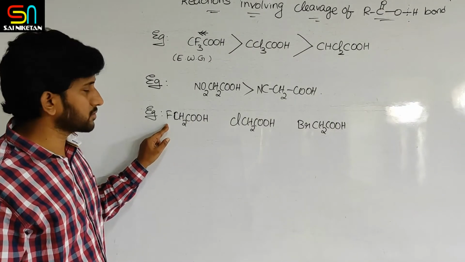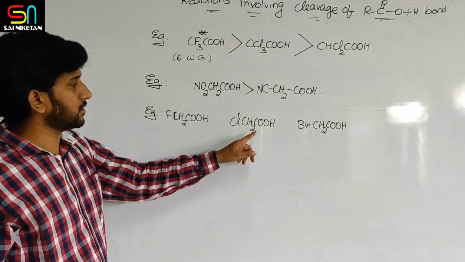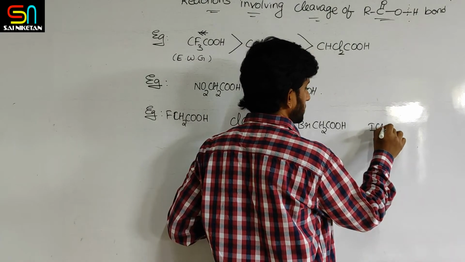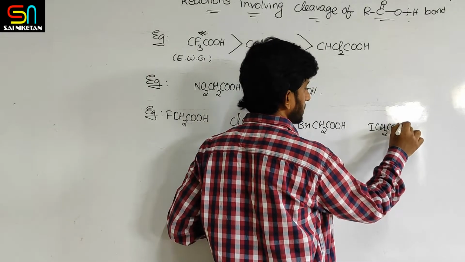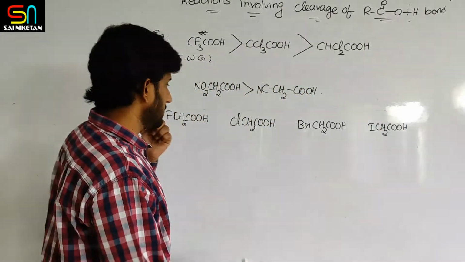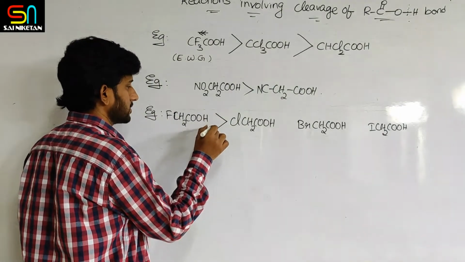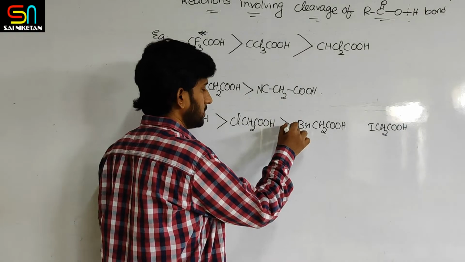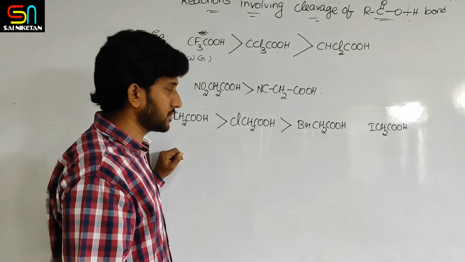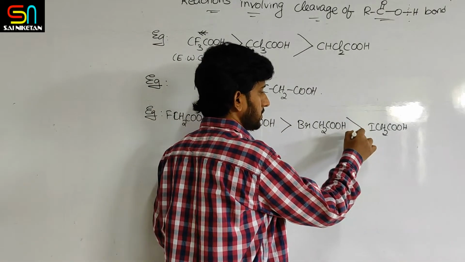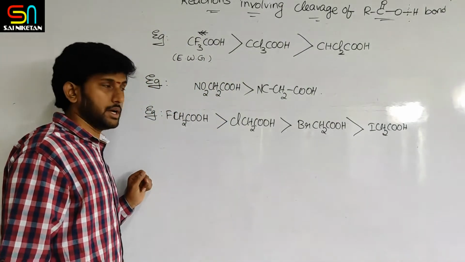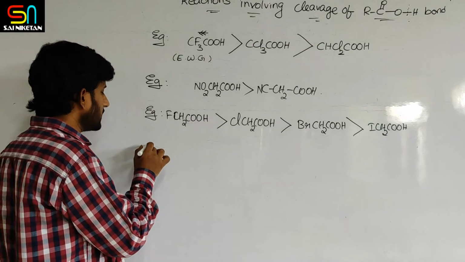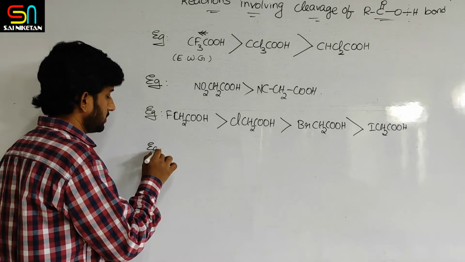Fluorine is more electronegative than chloro, than bromo. Then you can also write here hydro. So fluoro is more acidic in nature than the chloro compound, then than bromo, then than the hydro compound, acetic acid.